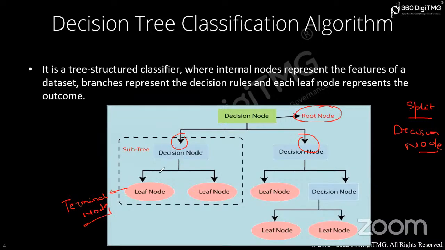Nodes that do not split are called your leaf or the terminal. When the splitting is not possible and the splitting stops at a point, the node at which the splitting stops is called your leaf node or your terminal.